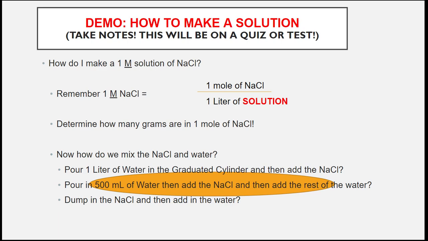So that's basically how I go about using the molarity problems that we did Friday and that we just went over in the previous video. Now that I know the amount, what do I do to actually make this solution? Add water to our graduated cylinder, pour in the amount that's needed to get to the molarity I'm looking for, and then add water to the given volume I'm looking for.